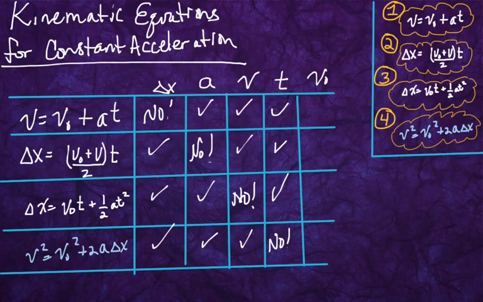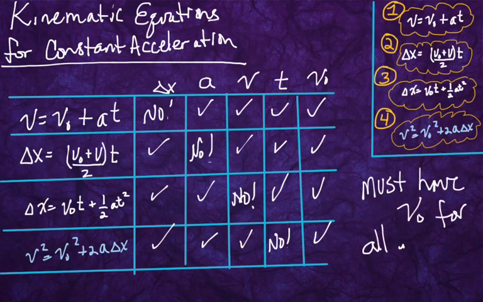Now, what about v naught? v naught is in all of them. In fact, you have to have v naught for all of them. However, there's good news. It will always be given, or it will always be implied.